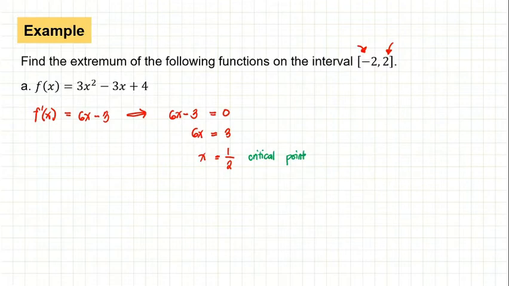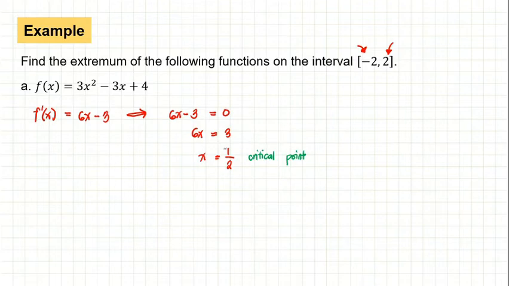Then we will now compare the functional values at the endpoints and at the critical point. Whichever is the largest and the smallest will be the extremum of the function, meaning that will be the maximum value and the minimum value.